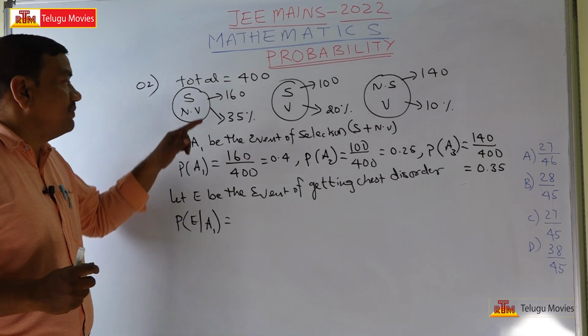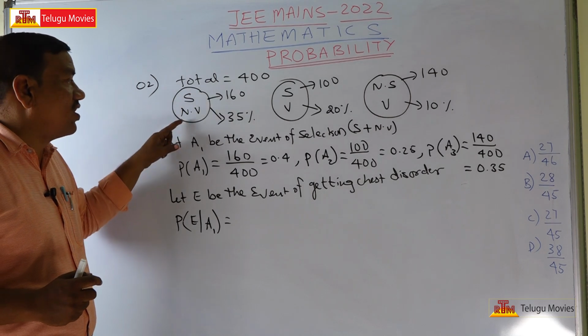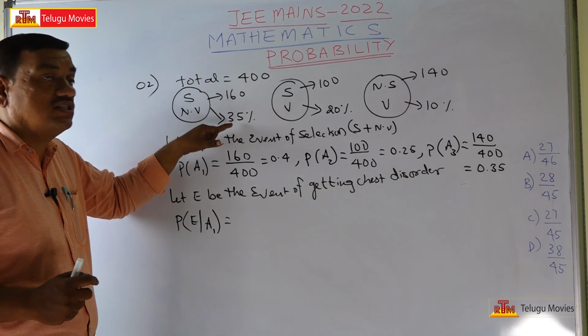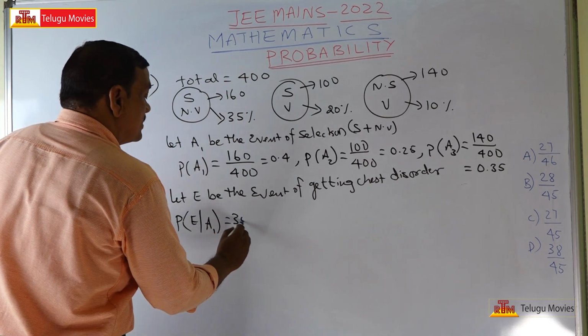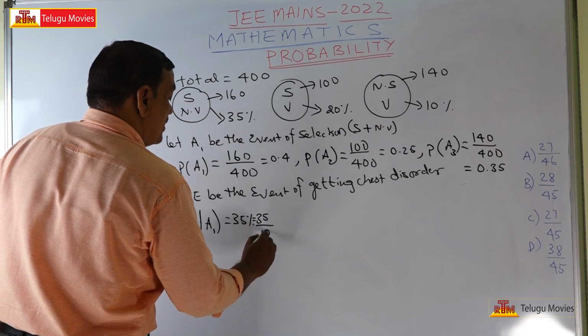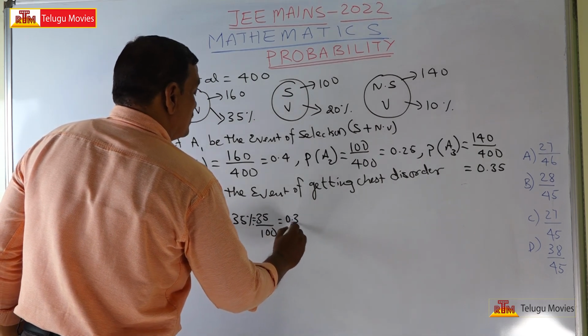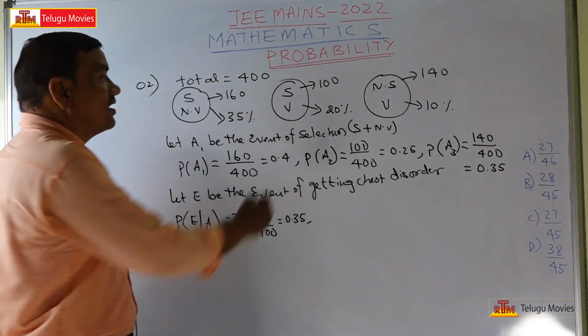What is the meaning? If you are selected from this category, that is smokers and non-vegetarian, what are the chances of getting it? That is 35%. That means 35 by 100, which is 0.35.